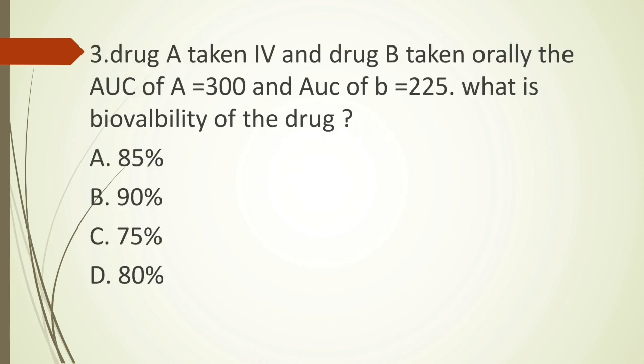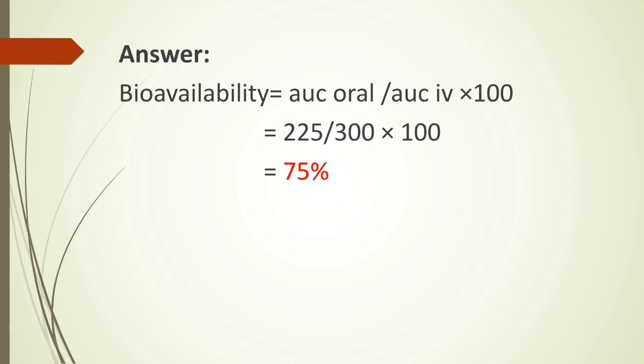Here the AUC oral, that is of drug B, is 225 and AUC of drug A, which is taken by IV, is equal to 300. So AUC oral by AUC IV into 100 is equal to 225 divided by 300 into 100, and the answer is 75%.